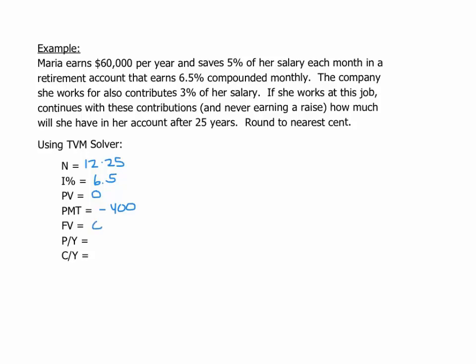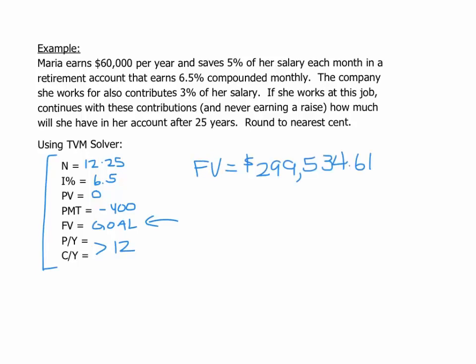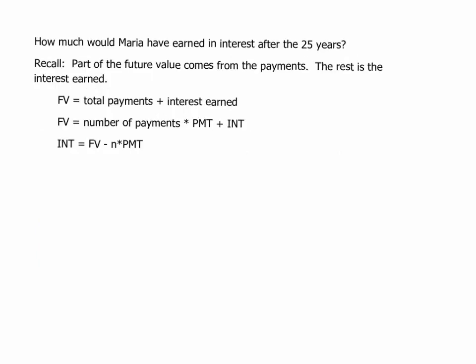Our future value is our goal, and payment per year and compounding per year are both going to be 12. So you're going to enter these values into the TVM solver, stick the cursor on that future value, and press alpha enter to get it to solve. We should get the same exact answer as we did the first time we did this. Our future value is $299,534.61.